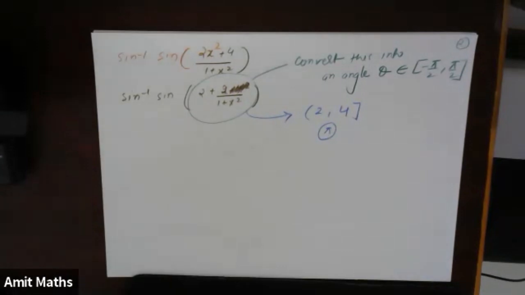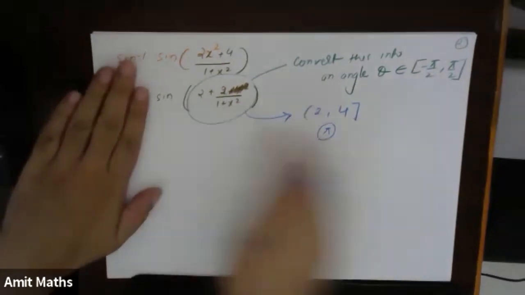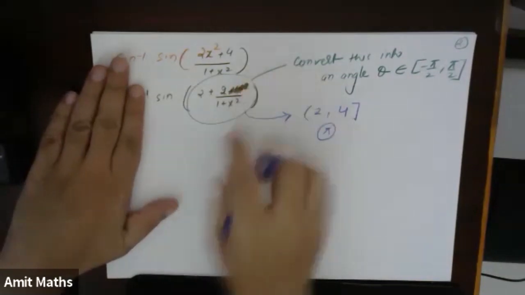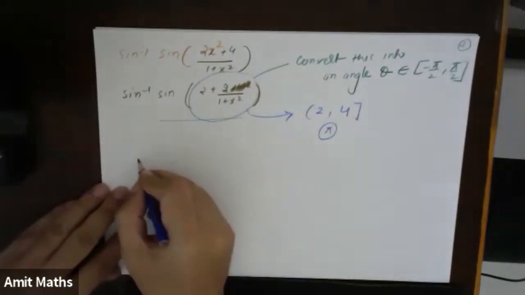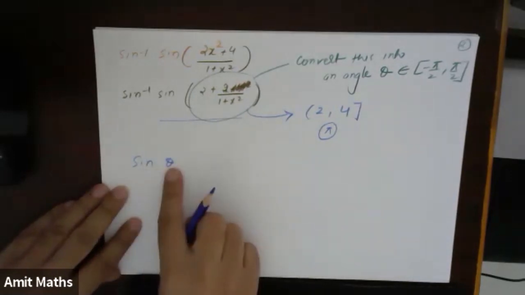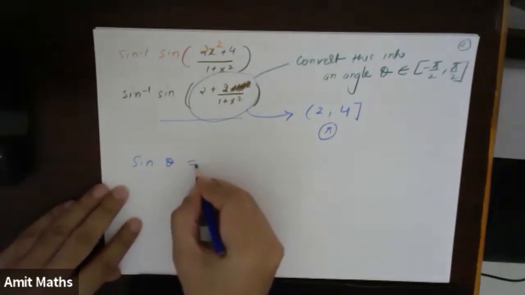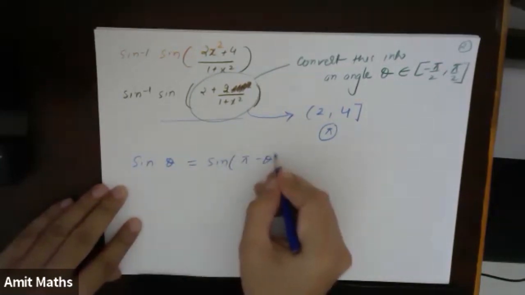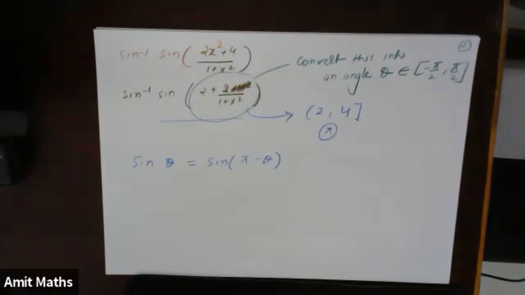Yes, and see, forget about this sine inverse. Just think about this sine. If you have sine of some angle theta, this will also be equal to sine of pi minus theta. Yes or no?